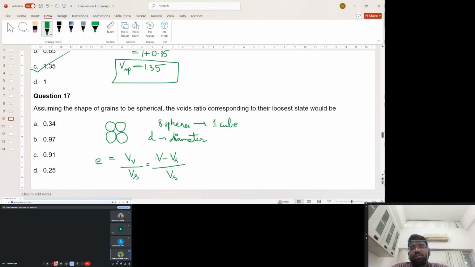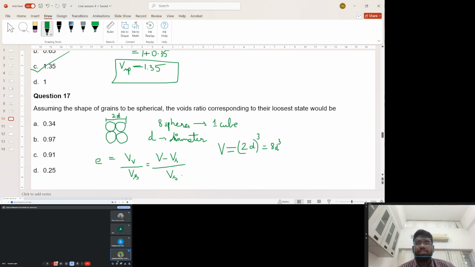Total volume: if this is d, the entire side of the cube is 2d, so the total volume will be (2d) cubed, which gives 8d cubed.